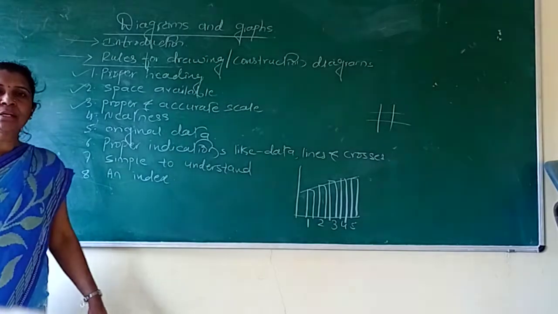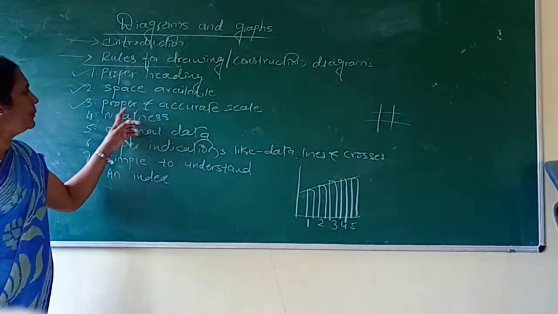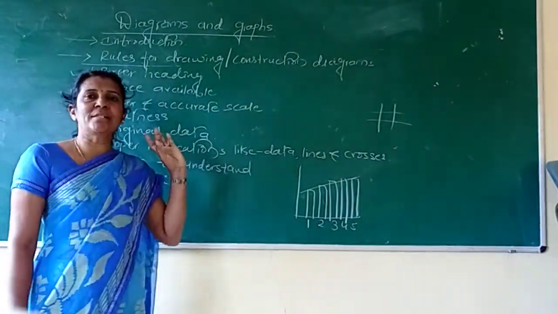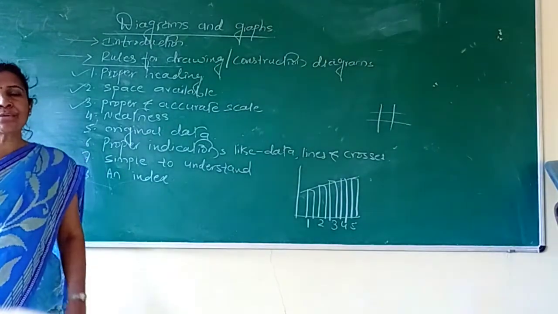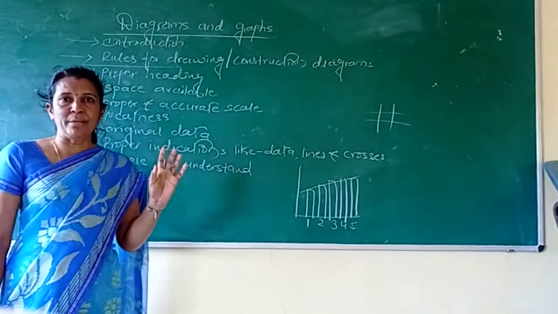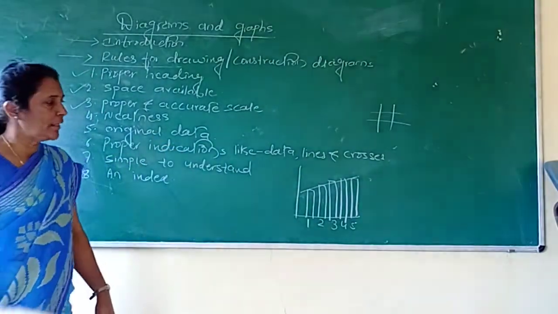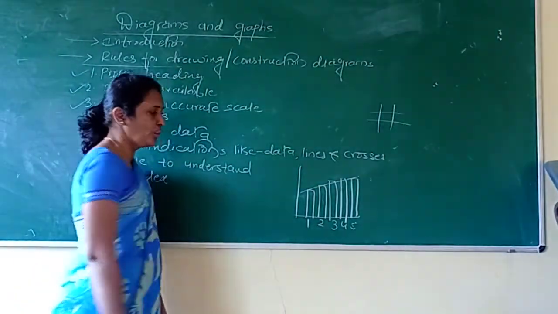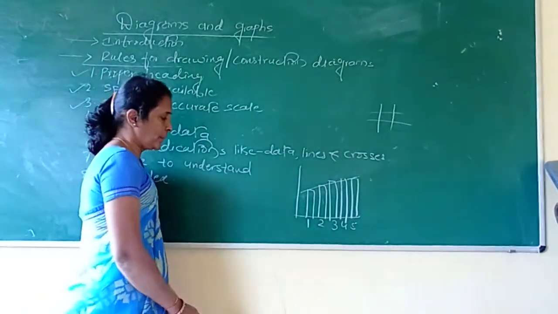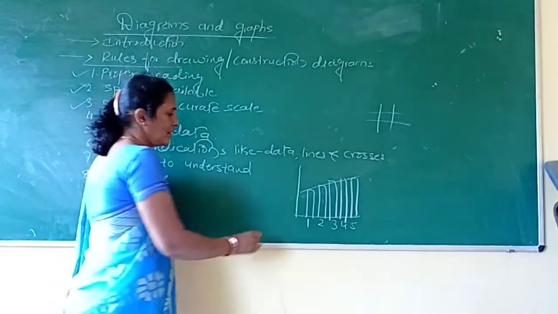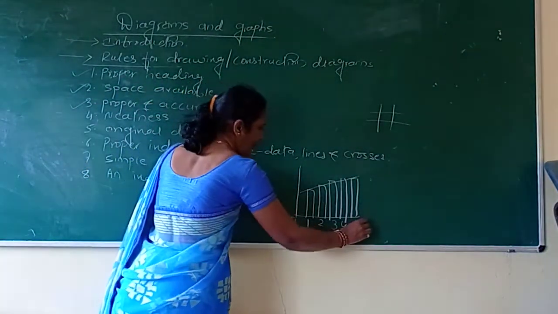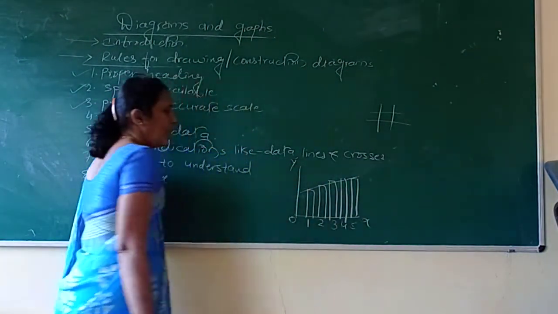Then the third one, proper and accurate scale. Here you have to mention the scale. What is the scale? As you know, you will come across two axes, the OX axis and the OY axis.